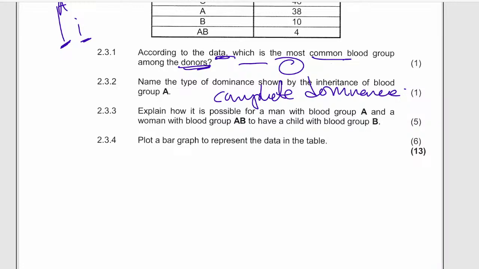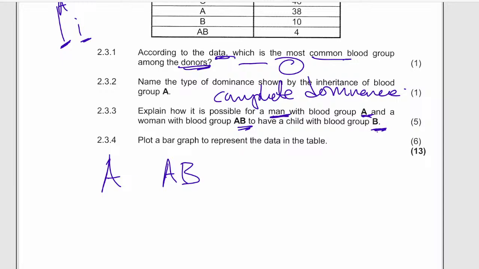All right, explain how it is possible for a man of blood group A and a woman of blood group AB to have a child with blood group B. I said this one yesterday. A man of blood group A marries a woman of blood group AB, and they have a child.